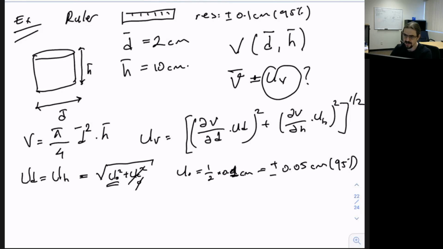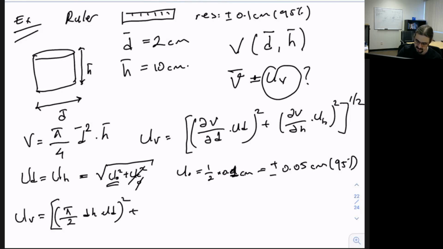Okay, so then we can write our definition for the uncertainty of V. The derivative of volume with respect to D will be pi over 2 dH times UD squared, plus pi over 4 d squared times UH squared.